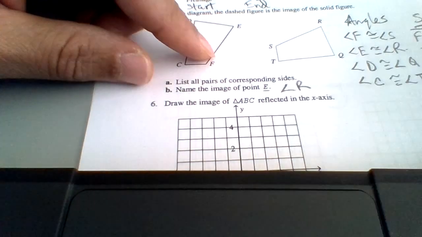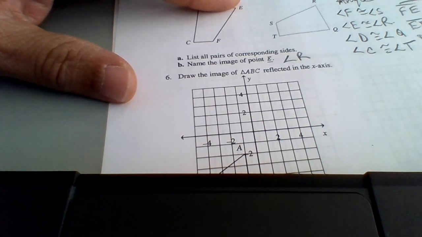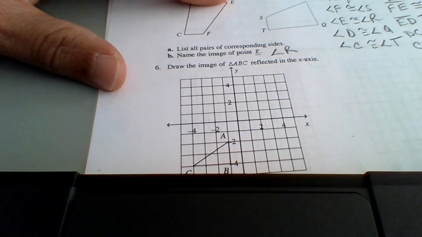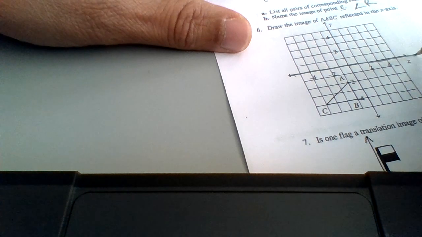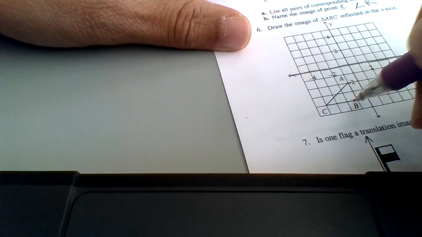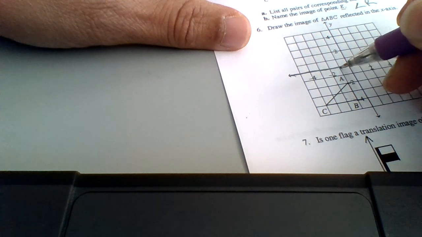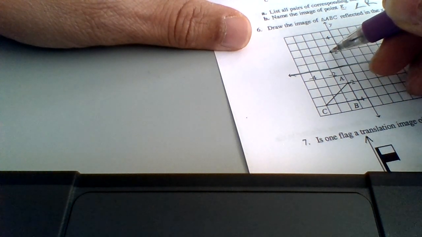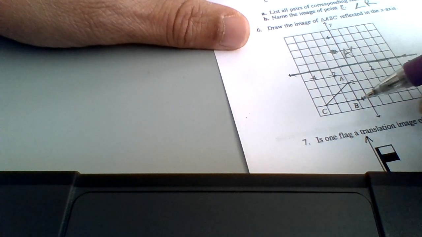Angle R. Draw the image ABC reflected in the x-axis. So the x-axis, this is my x-axis right here. I'm going to reflect this over the x-axis. So for A, I had to go 1, 2 to get to the line, so I go 1, 2 past the line. This is now A prime.